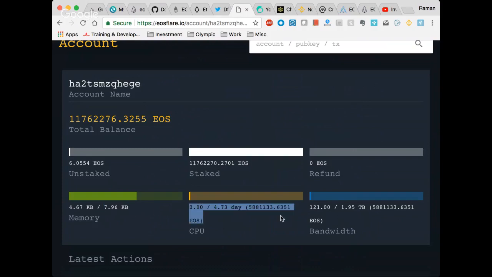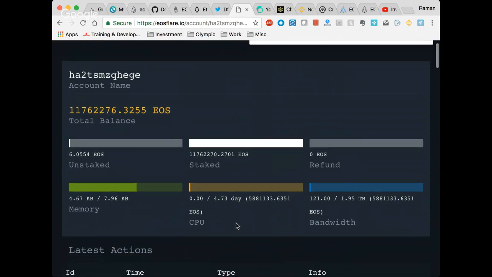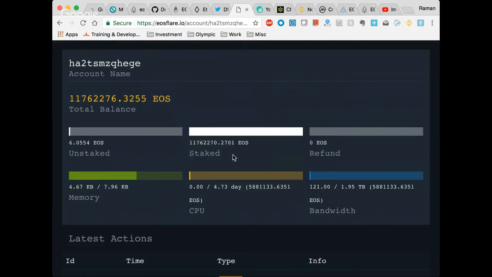Right now the tokens are staked, and it is divided across bandwidth and CPU 50-50. But you can also use tokens to buy memory. Memory itself is not allocated using the staked tokens. By staking, you can get CPU and bandwidth, but memory has to be bought. So you have to actually spend EOS to buy memory. The CPU and bandwidth, which are reusable, are allocated based on your staking. So this is how EOS will work.